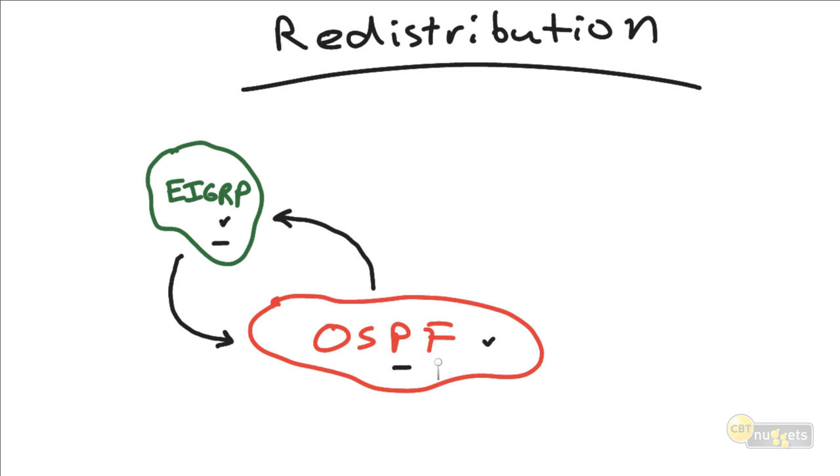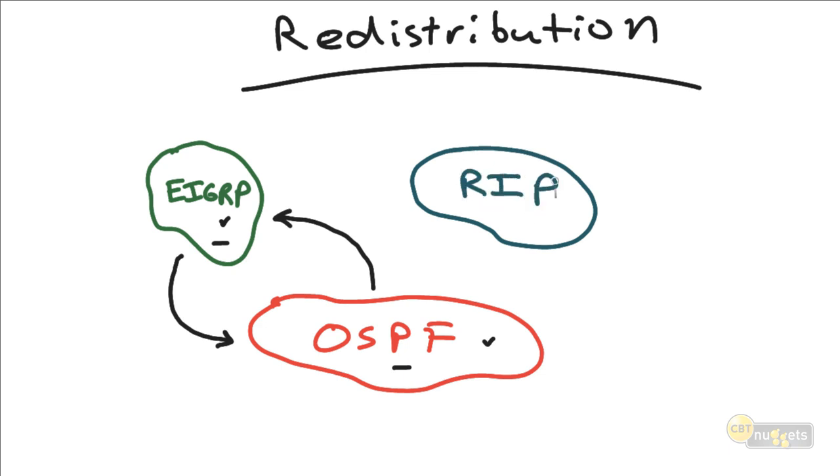Where I need you to be careful is when you introduce another routing protocol into the equation. Maybe in this area of our network, we have the dreaded RIP. Now, your designers go in and they say, okay, we need full reachability, so we better go ahead and put the OSPF routes into RIP.